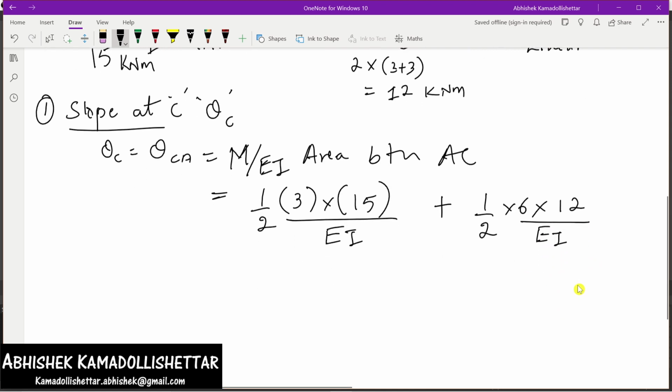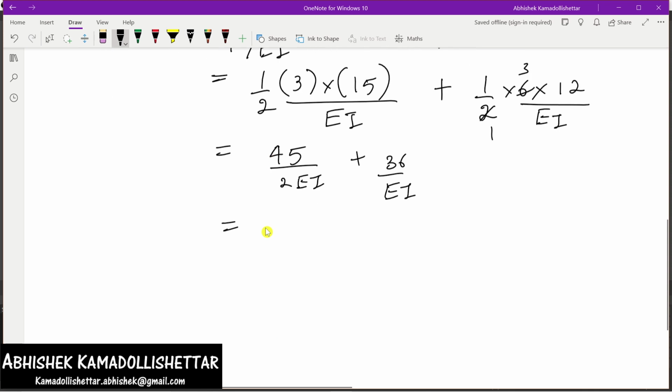So let us add both of these. 15 3s are 45, so 45 by 2 EI, plus 2 1s are 2, 3s are 6, 6 6s are 36, so 36 by EI. When you solve this, what you get here will be 58.5 by EI.